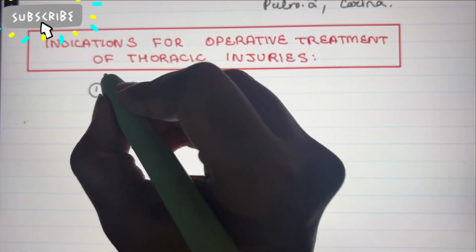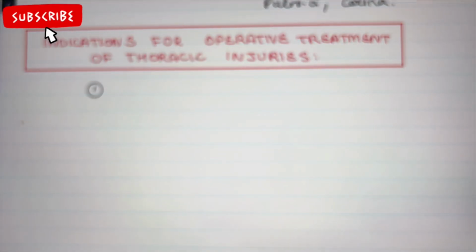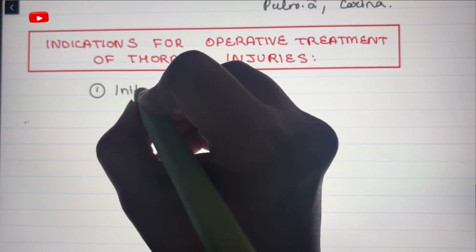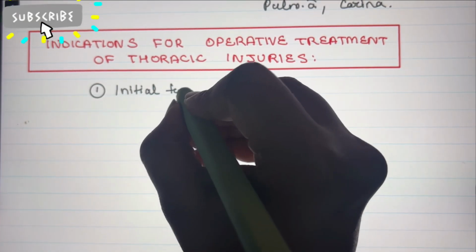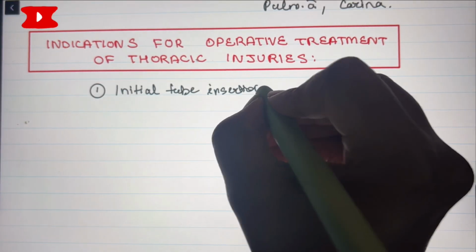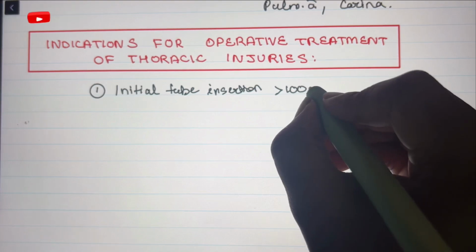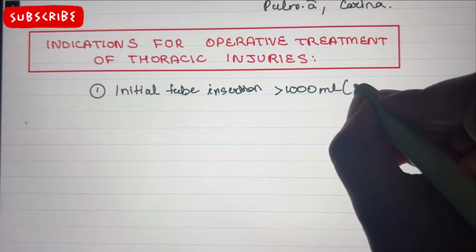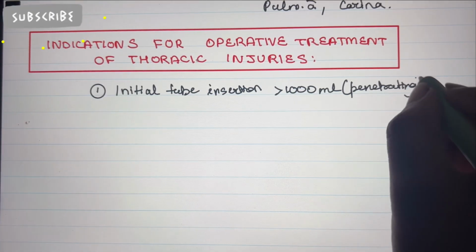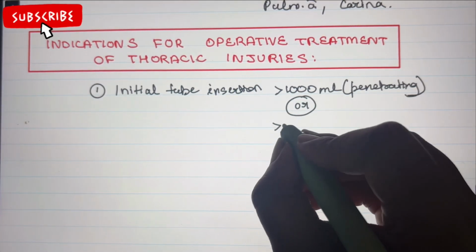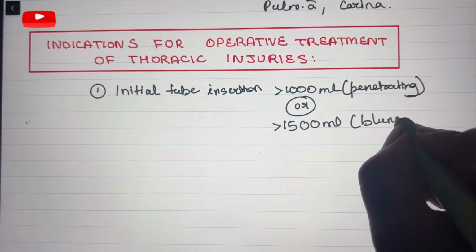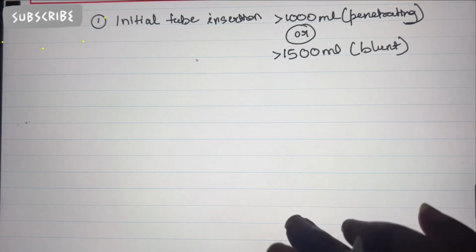Number 1, I have already told this in the previous part of thoracic injury, if there is initial tube insertion and there is drainage of more than 1000 ml of blood in cases of penetrating injury, and or more than 1500 ml of blood in cases of blunt trauma injury, then we will have to do thoracotomy.